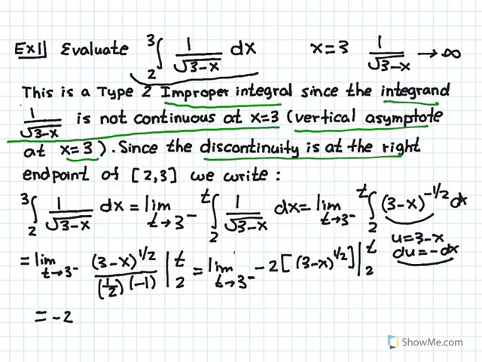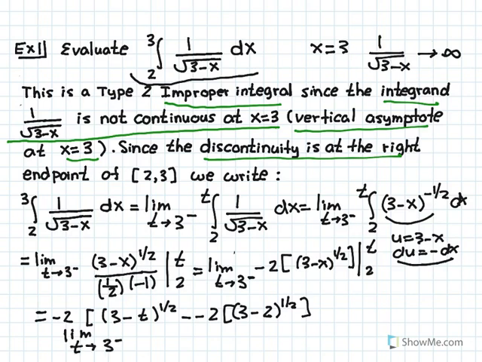Let's apply the fundamental theorem of calculus. Minus 2 times 3 minus t to the 1/2, minus minus 2 times 3 minus 2 to the power of 1/2. And don't forget to put the limit as t approaches 3 from the minus side.